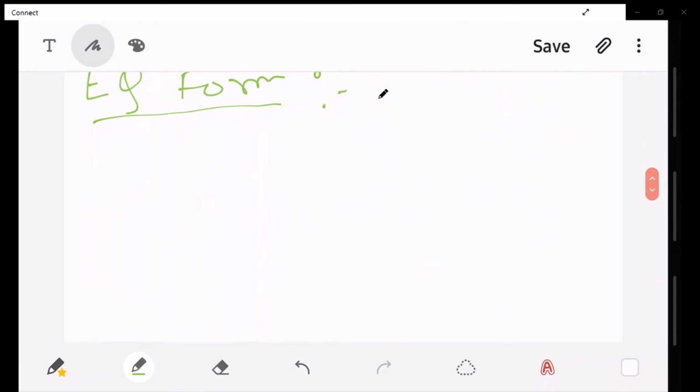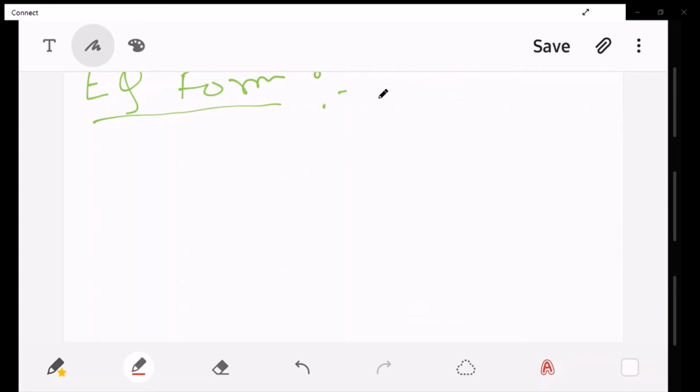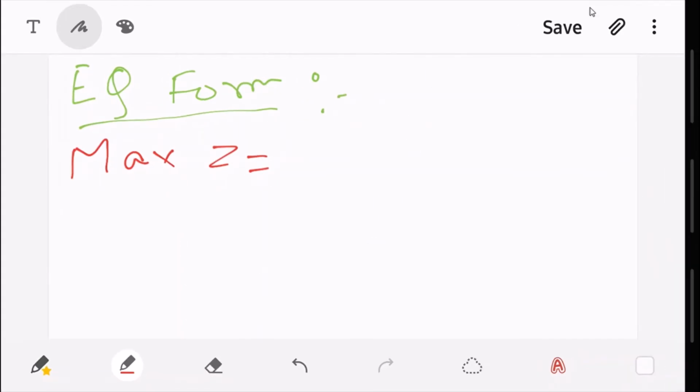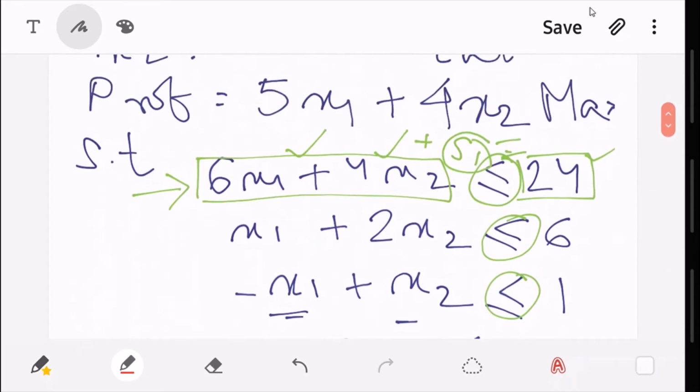So the constraints in equation form will be: maximize z equals 5x1 plus 4x2.